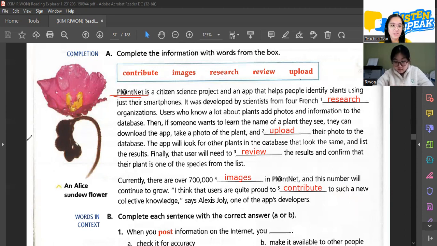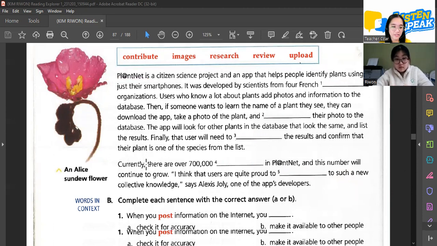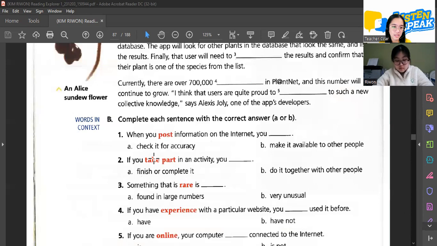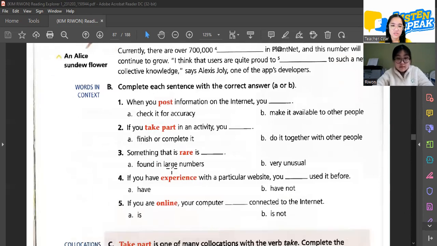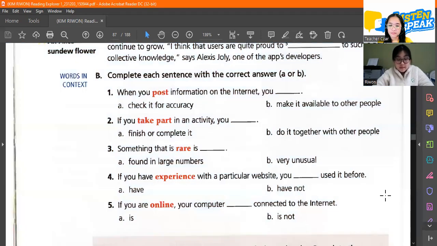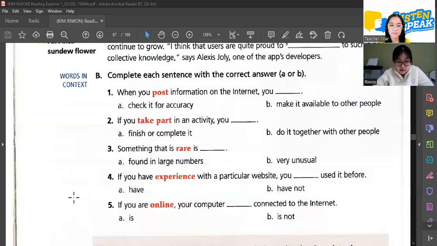No. So let's try to have now the words in context, and this would be this one. Okay, so let's try to complete the sentences by choosing A or B. When you post information on the internet, you make it available to other people. Very good.